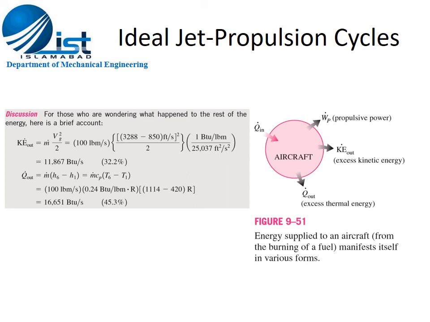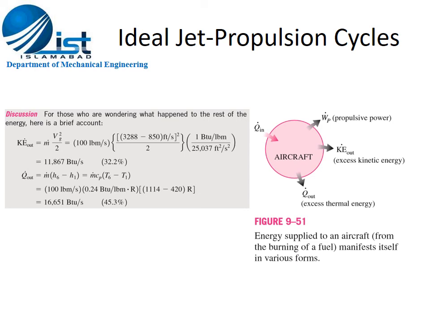We can also find the excess thermal energy, Q_out equals m dot (h6 minus h1), which comes out to be 16,651, and its value is almost 55.3%. So adding 55.3% plus 32.2% plus 22.5%, the total is 100%, and the ideal jet propulsive efficiency comes out to be 22.5%.